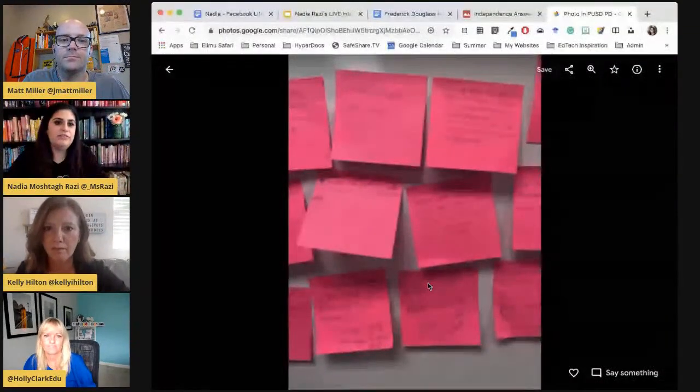A lot of times Kelly refers to this as my Juneteenth lesson, when really I was like, oh, this is What to the Slave Is the 4th of July by Frederick Douglass. But Juneteenth really stood out as one of the things the students were focused on, because we were like, we've never heard of this, and it's so important. So that was kind of our biggest chunk of the Post-its.